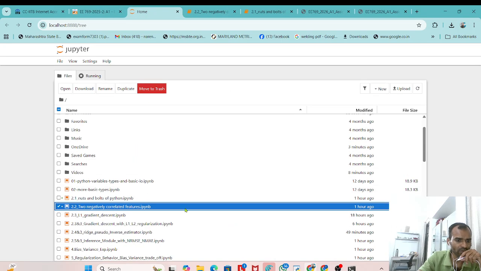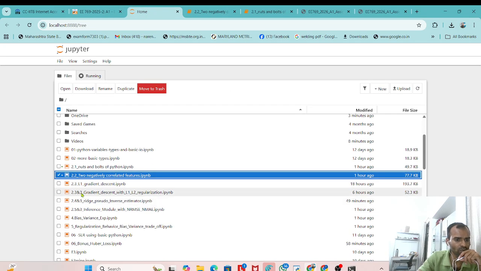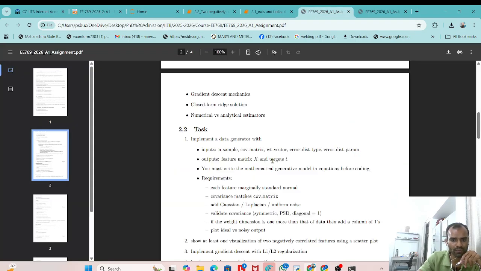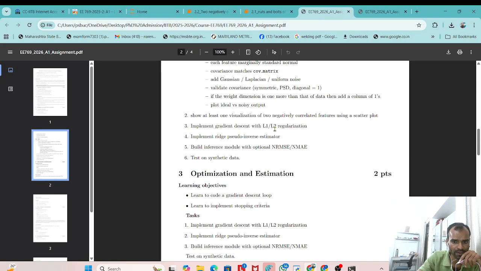The next question is 2.3, gradient descent, and it covers both things. Implement gradient descent with L1 and L2 regularization.